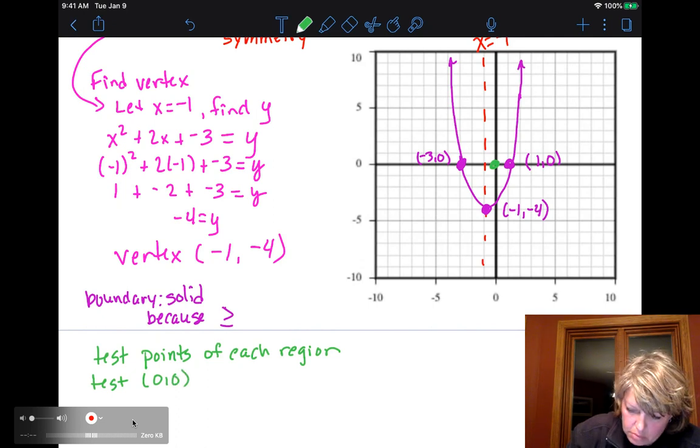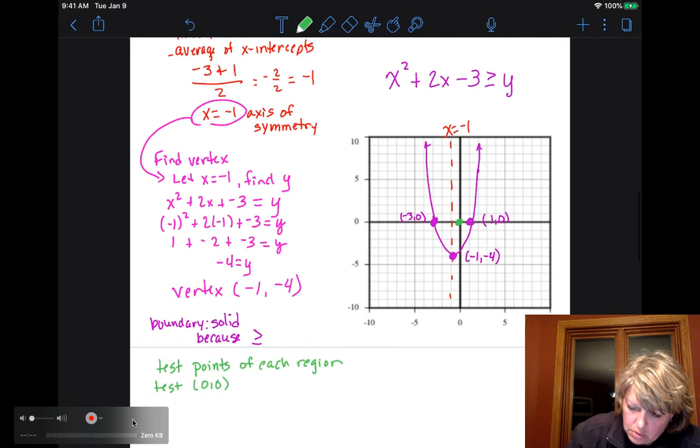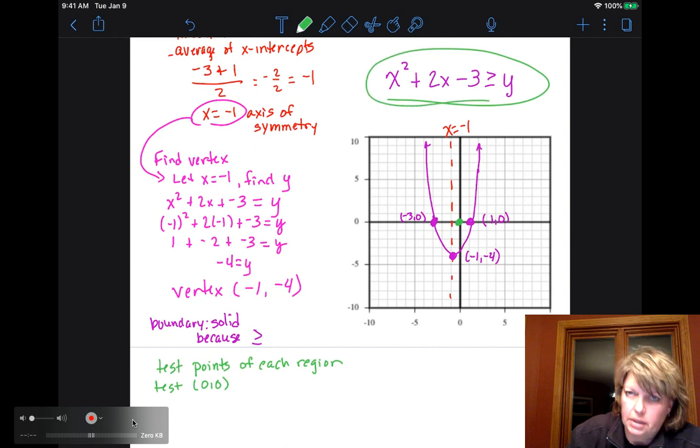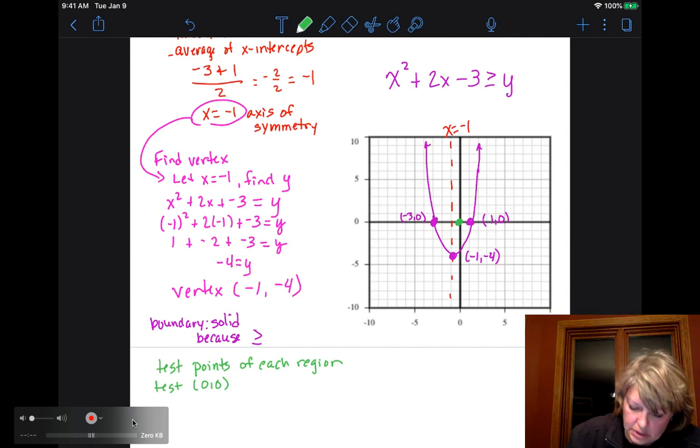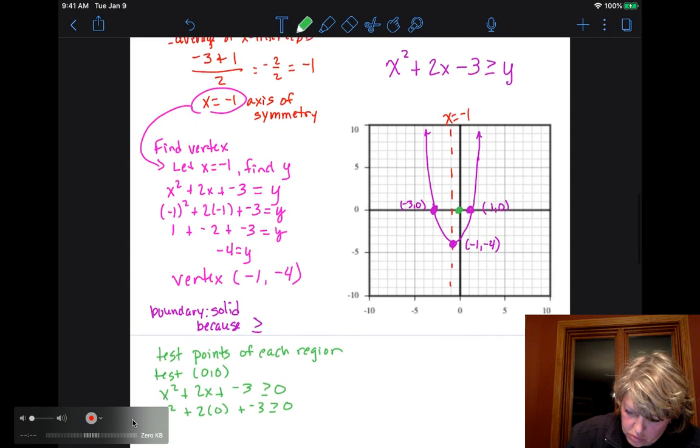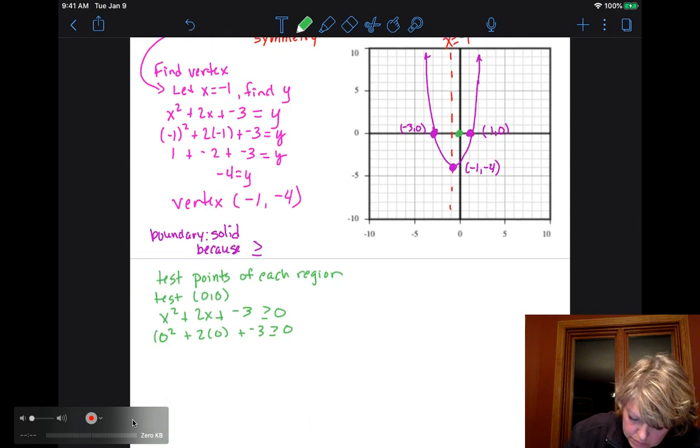Now remember, we're going back to this inequality. That's what we're testing. So true or false?